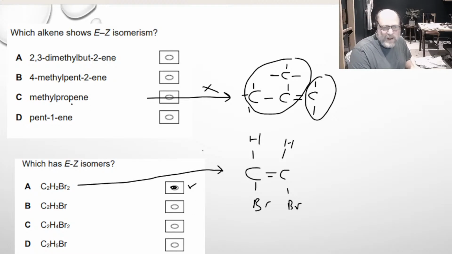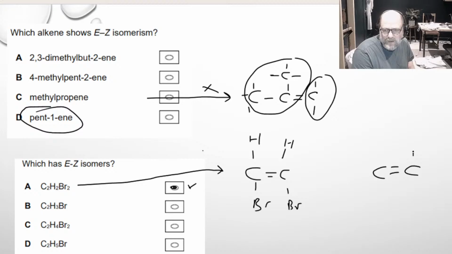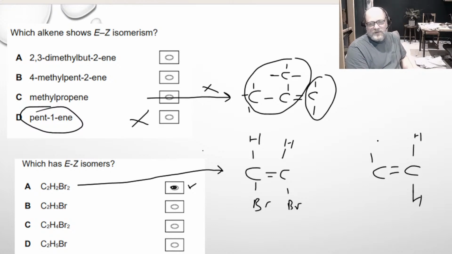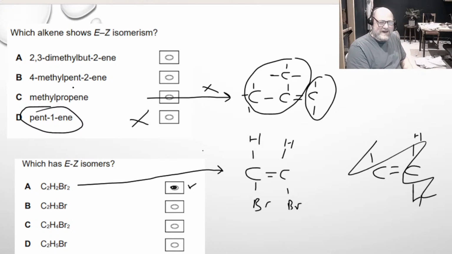For this one, I'm thinking pent-1-ene, right? Can pent-1-ene have them? No, because pent-1-ene is going to end up with H, H. So not pent-1-ene.